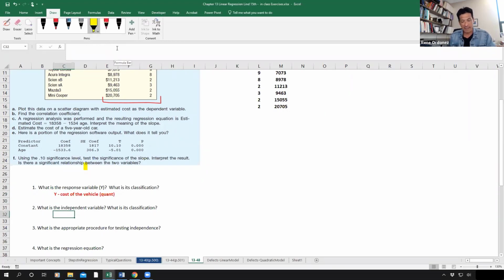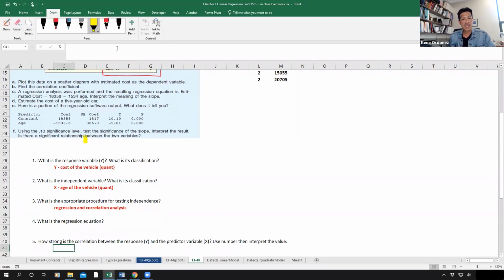The independent variable is the age of the vehicle, which is also quantitative. Referring back to our matrix table, we know that if x and y are both quantitative, then the appropriate procedure is known as regression and correlation analysis.